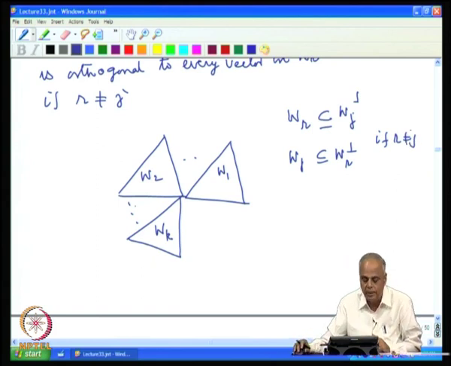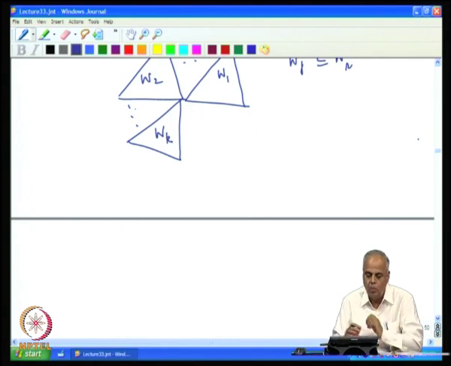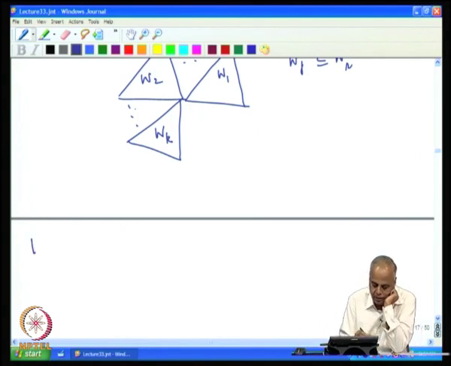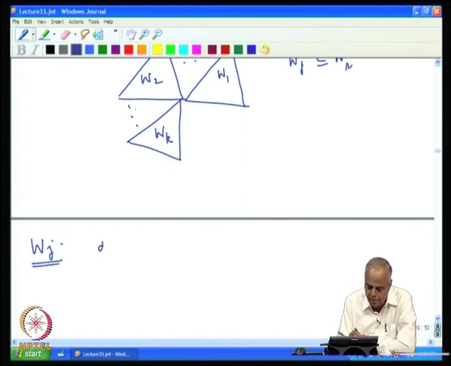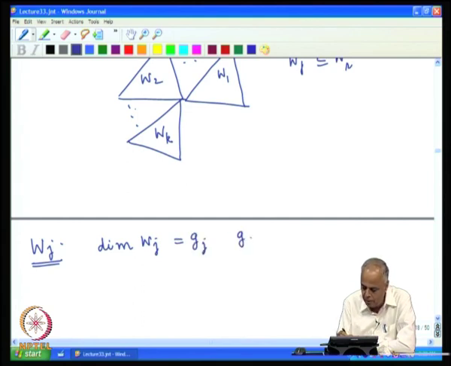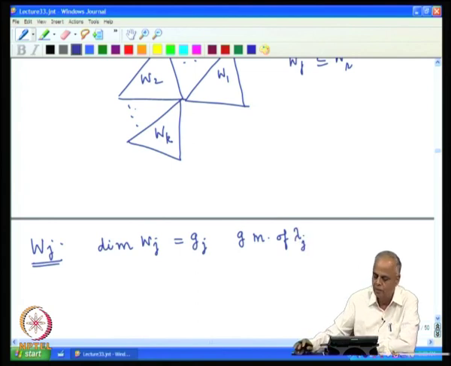Now, what does this lead us to? Now, let us look at Wj. The dimension of Wj is what we call Gj, the geometric multiplicity of the eigenvalue lambda.